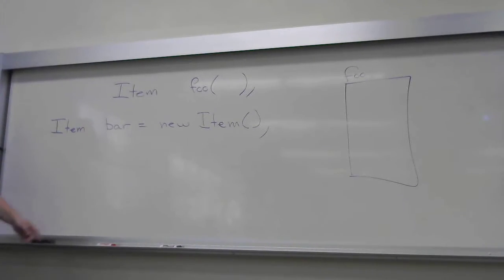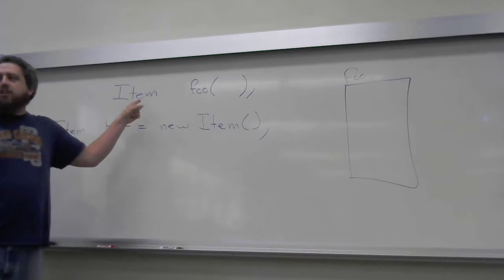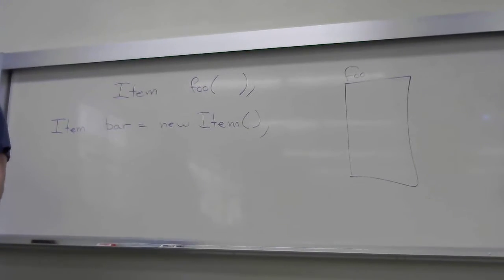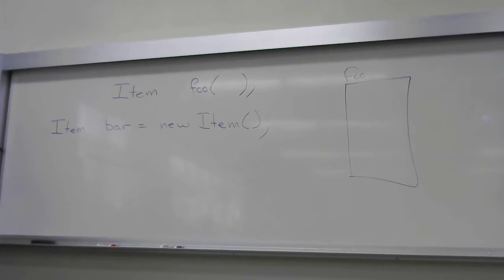That tells you bar is what kind of variable? It's a pointer. Java doesn't explicitly tell you about pointers because you cannot create objects that are not pointers. Everything in Java is a pointer, with the exception of the primitive data types.